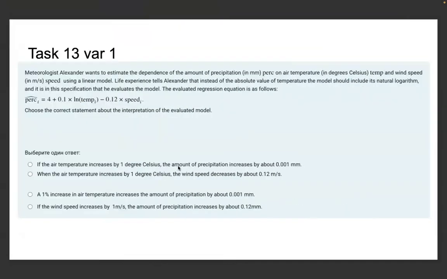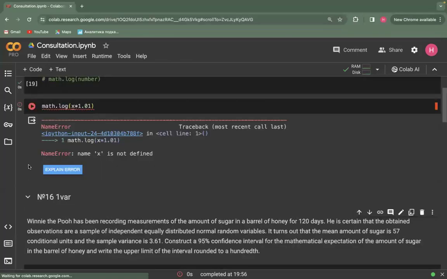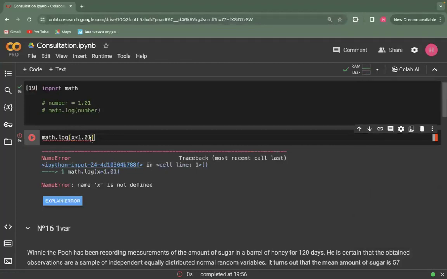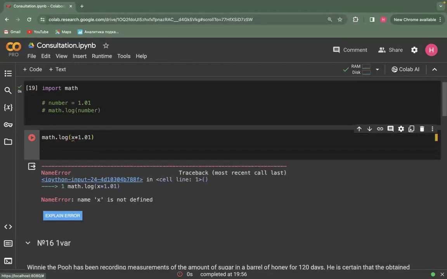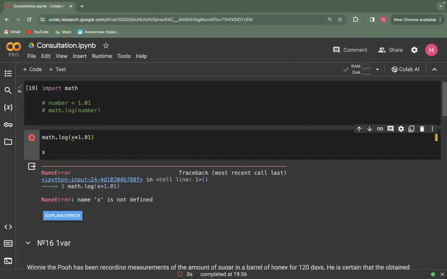Okay, if we have in the beginning, for example, x to increase by 1%, we just have to multiply x by 1.01, because if we write a little bit more, when we add 1%, it is just x plus x multiplied by 0.01, and it is x multiplied by 1.01.